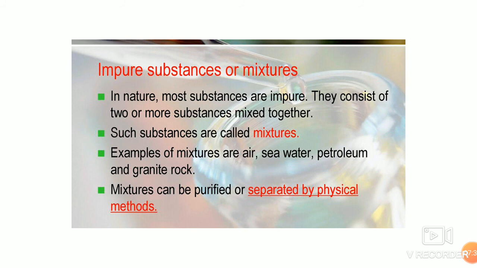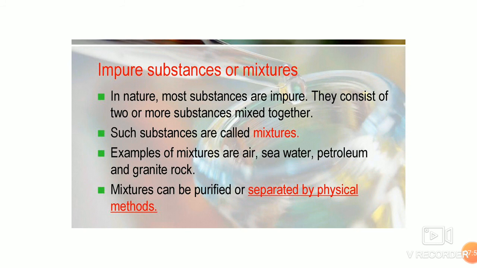In nature, most substances, if you look around, are impure. They contain two or more substances mixed together. That is why they are known as mixtures, because there is no definite proportion.